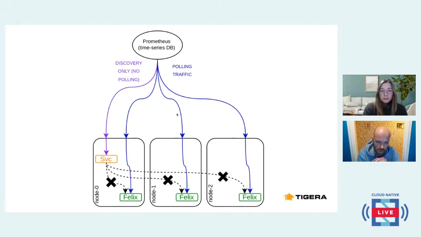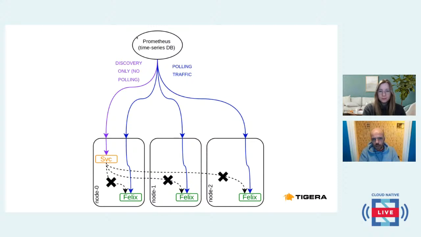There is an oddity, and I thought I would point it out at this point. So here we have 3 nodes. I don't know why I've shown 3 nodes here rather than 4 on my previous diagram. I apologize, it's a bit unnecessarily confusing, but usually the job of a service is that traffic hits the service, and then it gets directed to whatever the thing that you're monitoring is.